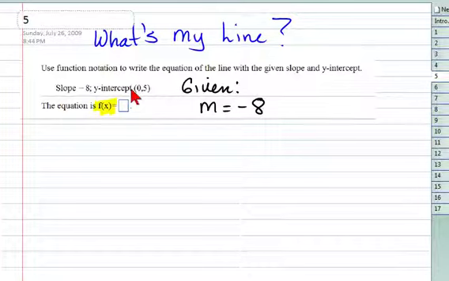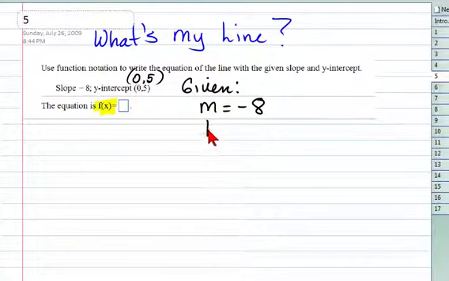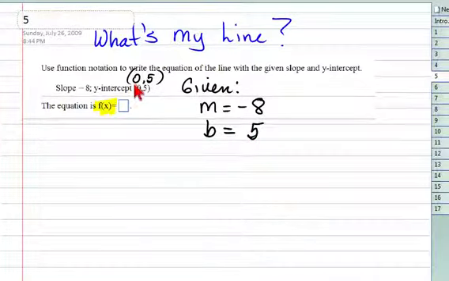Now the y-intercept is the point 0, 5. If the y-intercept is 0, 5, then what is the b value? It is 5. If the x is 0, then the y value is the y-intercept, 0, b. All right, so b is 5.